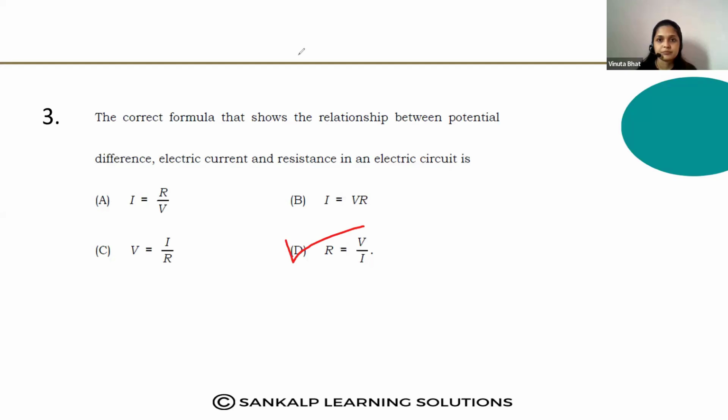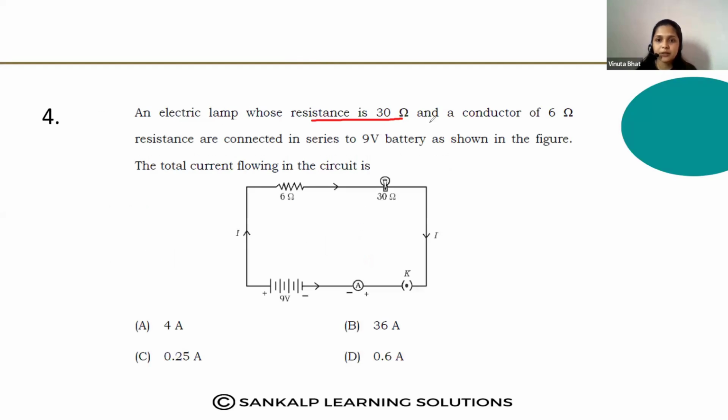Next question. An electric lamp whose resistance is 30 ohm and a conductor of 6 ohm resistance are connected in series to a 9-volt battery as shown in the figure. The total current flowing in the circuit is, so what is the total current you have to find out. Observe the given sum.